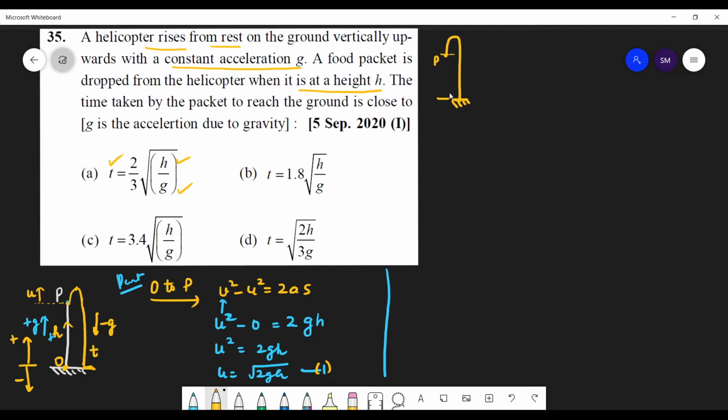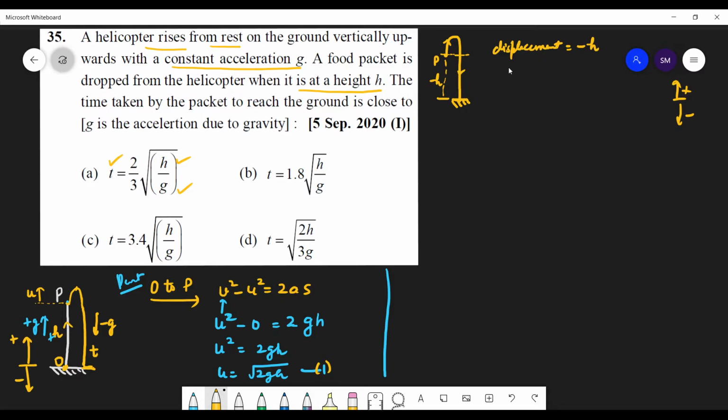So displacement is in the negative direction, meaning downward. So what is the displacement here, students? Minus h, isn't it? Yes, this is your h. So this will be minus h because the net displacement is in the negative direction. Is this okay? So we are treating upward direction as positive and downward as negative. So displacement is minus h.